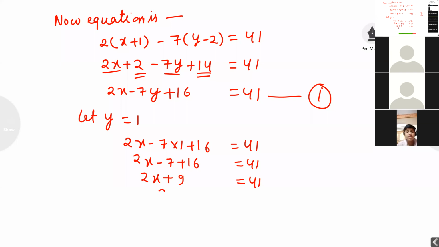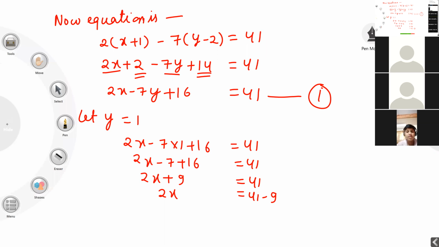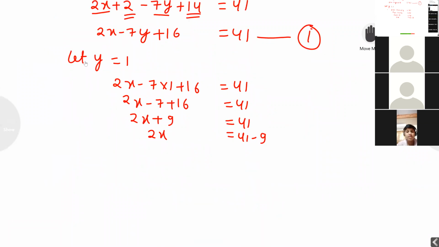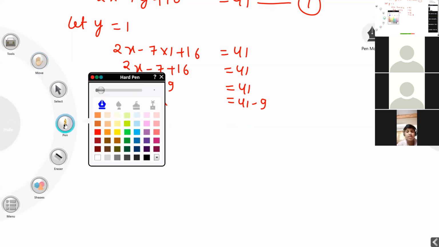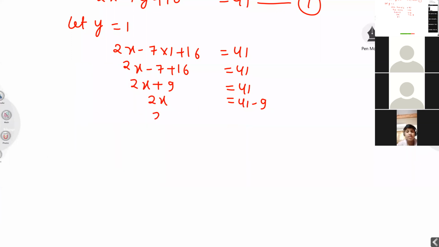Then 2x is equal to 41 minus 9. Then 2x is equal to 32.